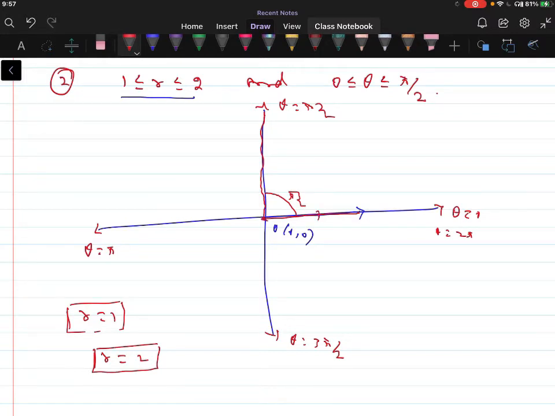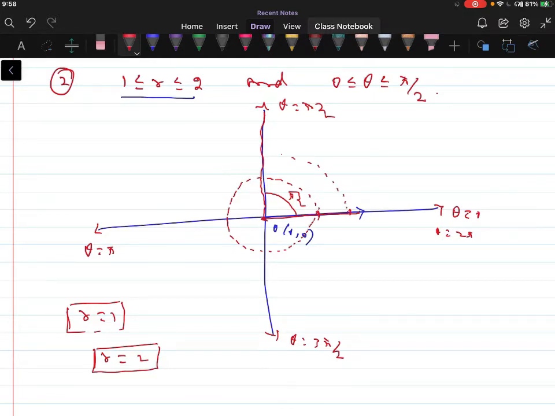So let us draw the circle with center origin and radius 1, and let us take r equal to 2, a circle with center at origin and radius 2. So let us take 2 units from the origin.